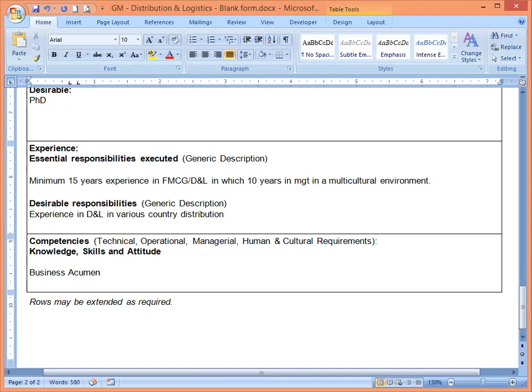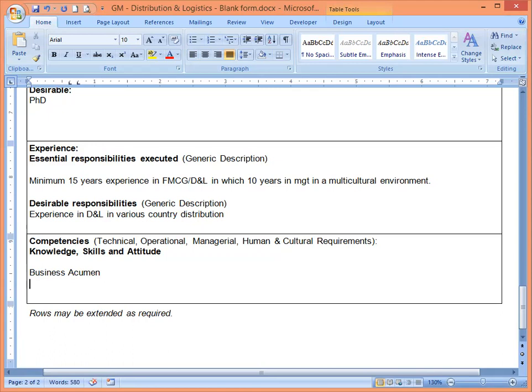Competencies are comprised of knowledge, skills, and attitude, and behavior also. In terms of technical competencies: operational, managerial, human, and cultural requirements. Part of this is leadership, communication competencies, listening, human relation, interpersonal skills, things like that. Very important for a GM is his communication skills, right?